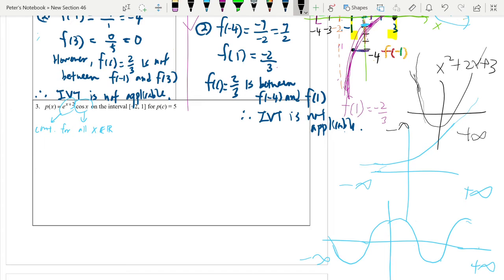For all real numbers. And there's also something called a radical function. This is not continuous for all real numbers. It might look something like this, but from this interval on, you will see that it's continuous on its domain. There's no hole or jump and everything.